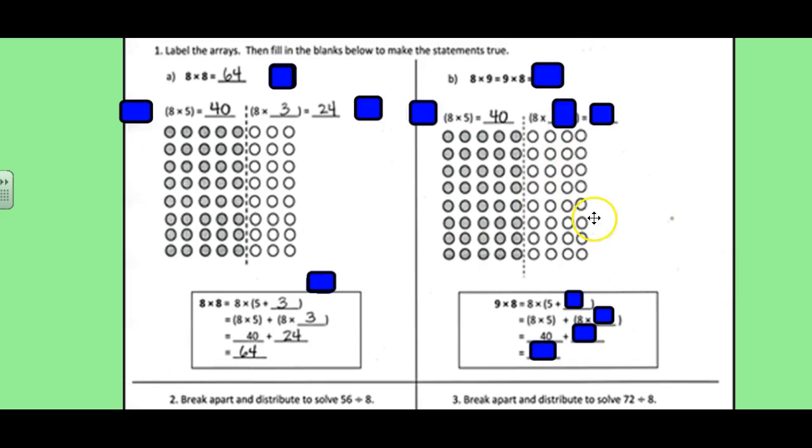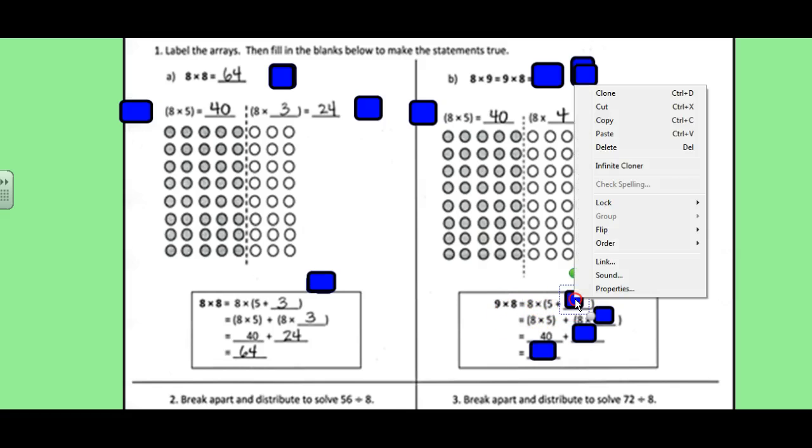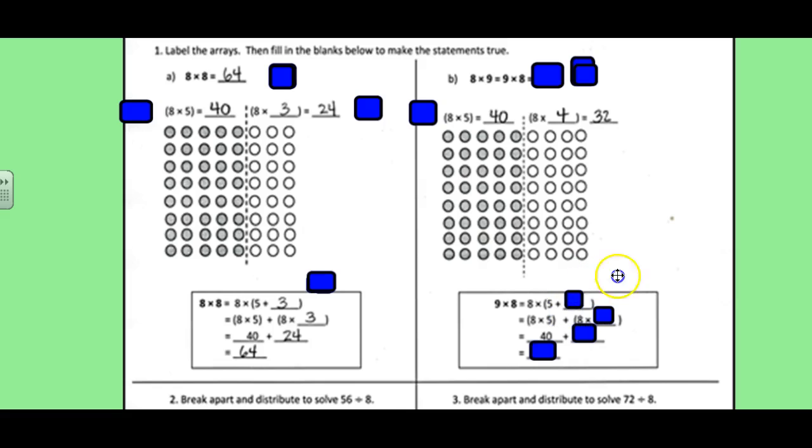Now I'm looking at this part of the array. I still have 8 rows, but now I don't have 3 in each row. Now I have 4 in each row. So 8 times 4 is what needs to go right here. And I know that 8 times 4 gives me 32. So now I'm going to move down to the bottom. 9 times 8 is the same thing as 8 times 5 plus 4, if I can move this.